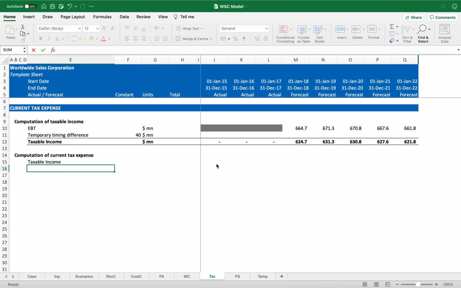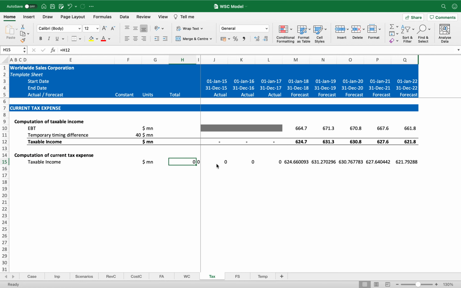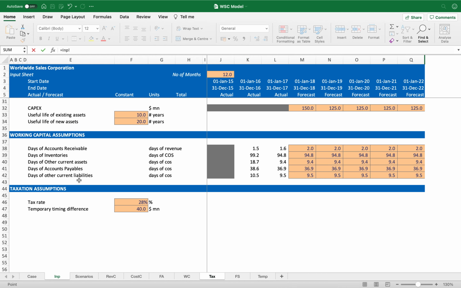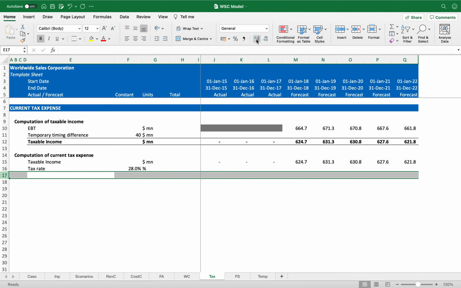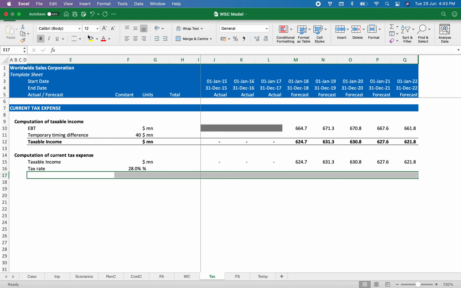So I have taxable income computed here. Tax rate I have, row freeze, from the input sheet. So can I compute the current tax expense?